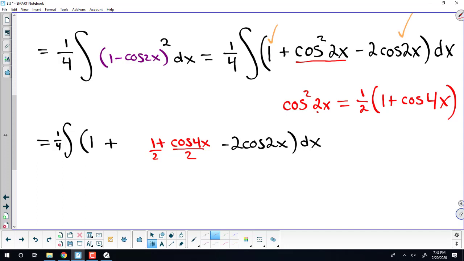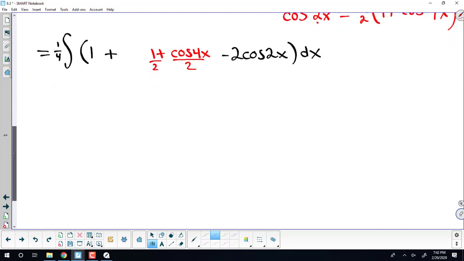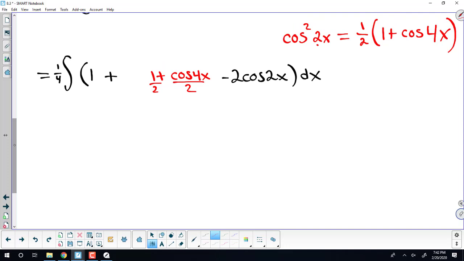So now we can find the antiderivative of each term. So 1/4, the antiderivative of 1 with respect to x plus, I guess we could have added the 1 and the 1/2. We'll do it here.